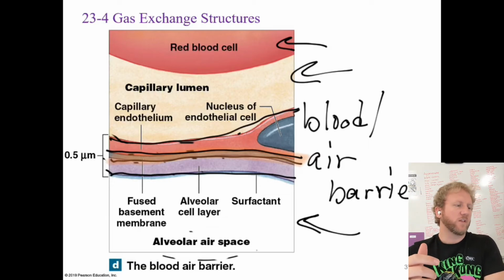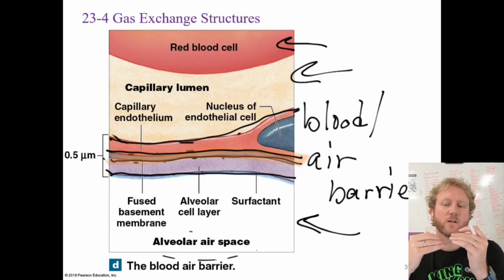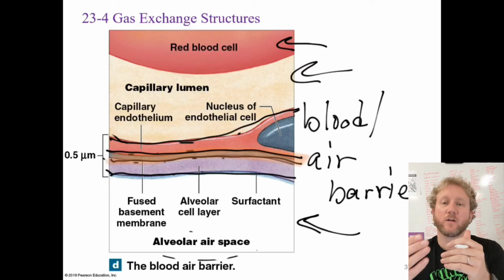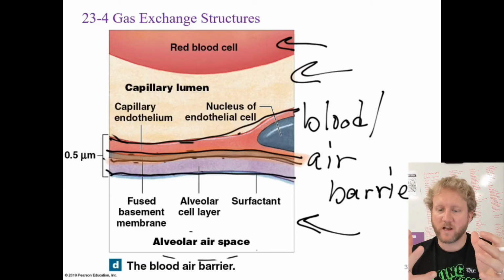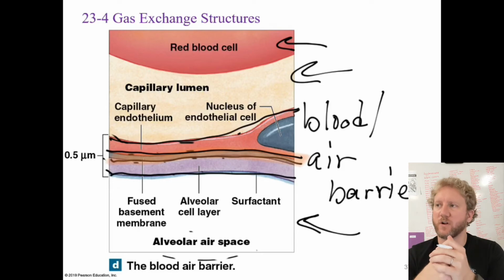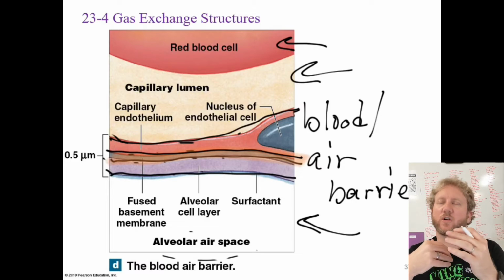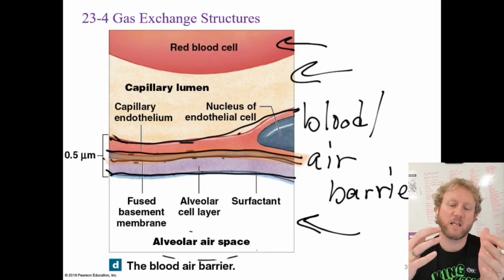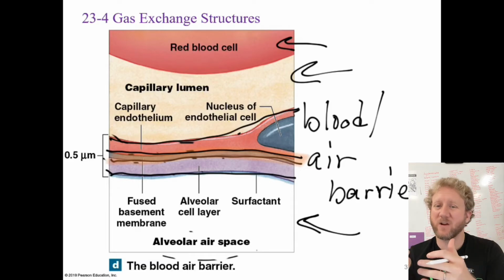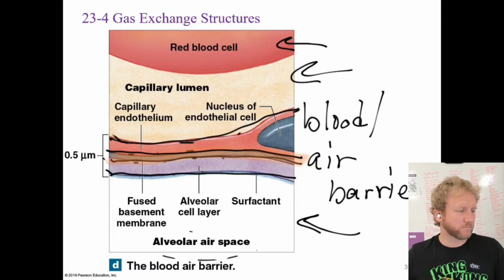And so this allows air molecules, carbon dioxide and oxygen, nitrogen also comes across as well, to come from the outside air into the bloodstream and vice versa, but it blocks other larger particles like dust from coming in or proteins from coming out and stuff like that.